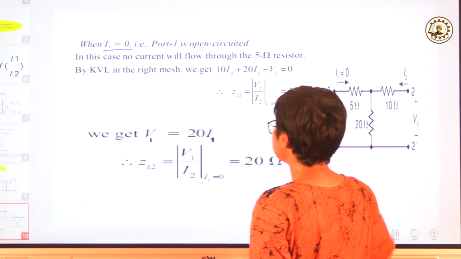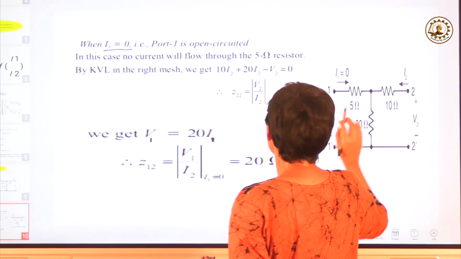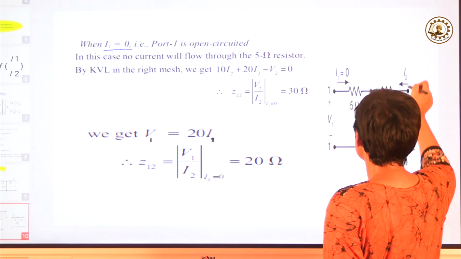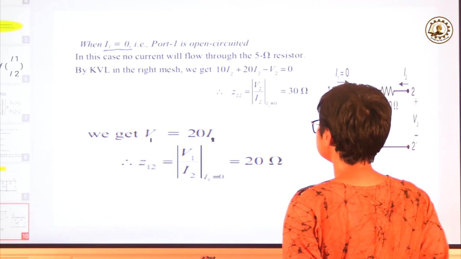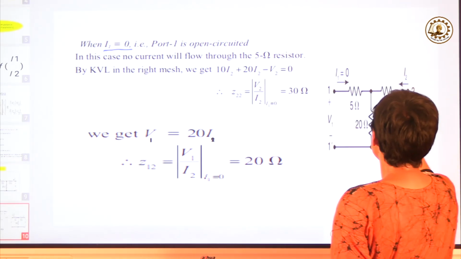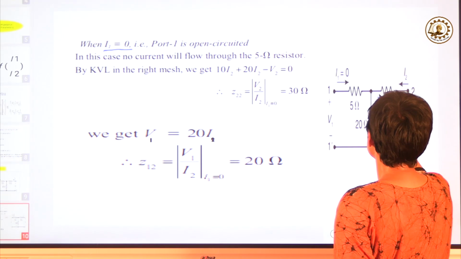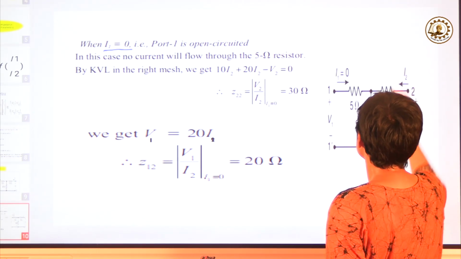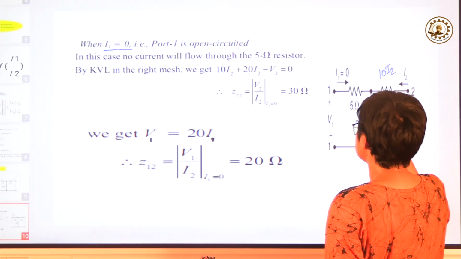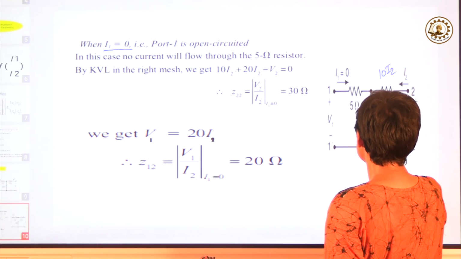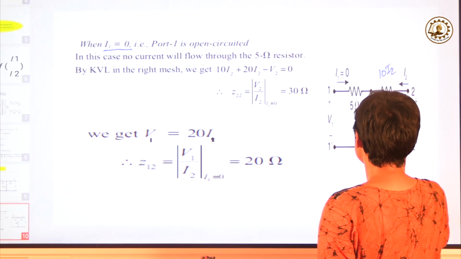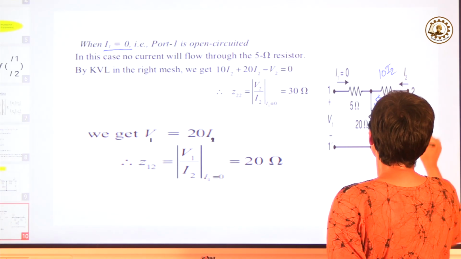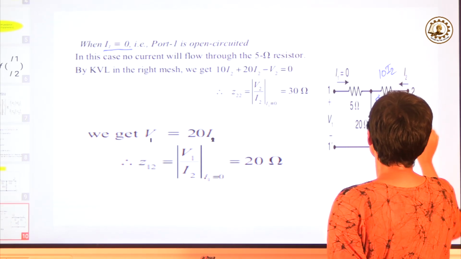So if we make I1 equals to 0, then what will happen to the circuit? No current will flow through the 5 ohm resistor. Now if we apply KVL at port 2, what we will get? The drop across this 10 ohm resistor will be 10 I2, then plus through this resistor, since I1 equals to 0, only I2 is flowing, so 20 I2, and the voltage over here is V2, but in the opposite direction.